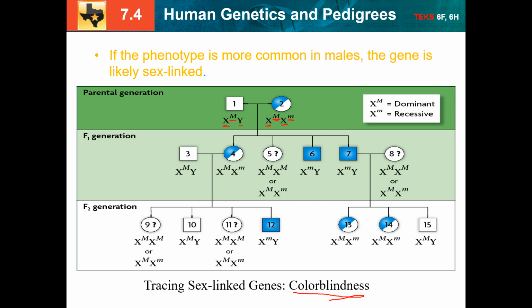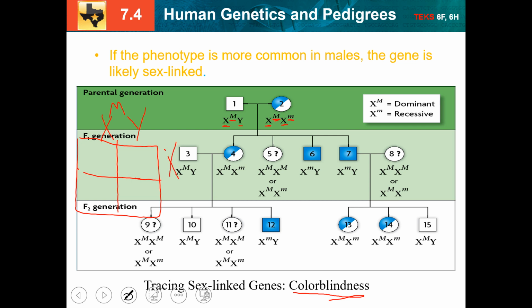All right, so if I do the Punnett square real quick, let's put the dad up top, X big M, Y, and I'll put the female right here, X big M, X little m.